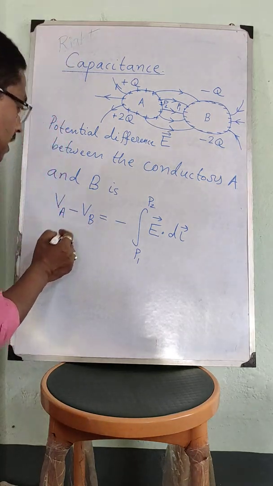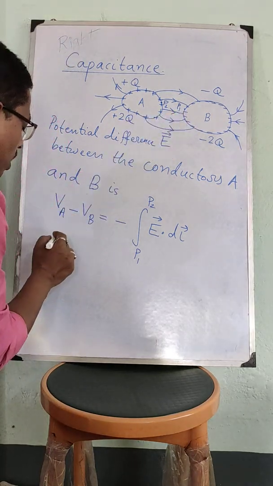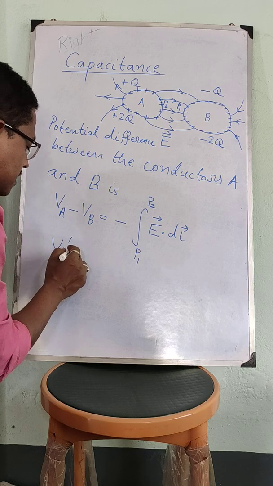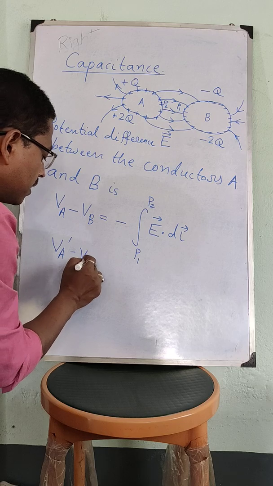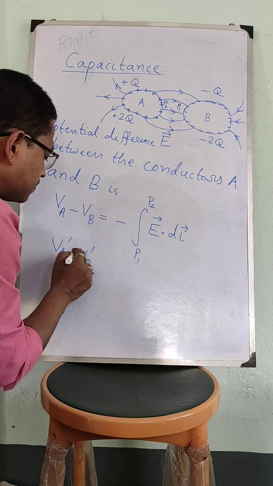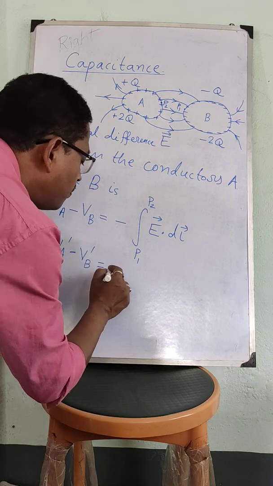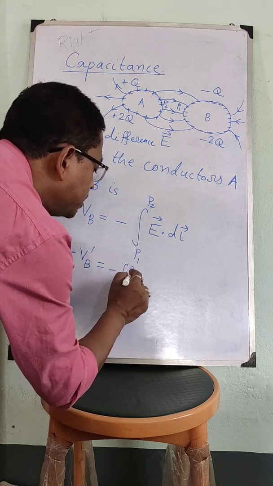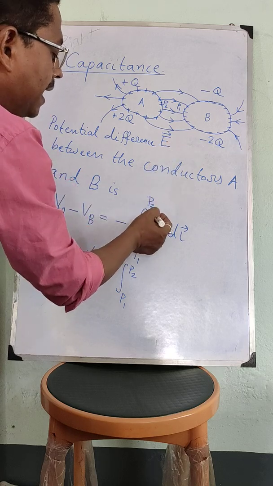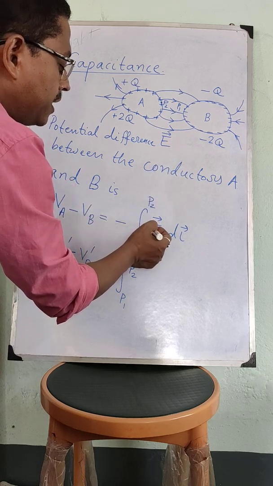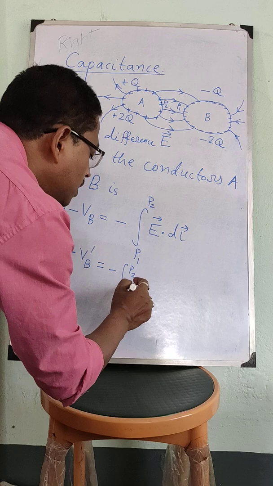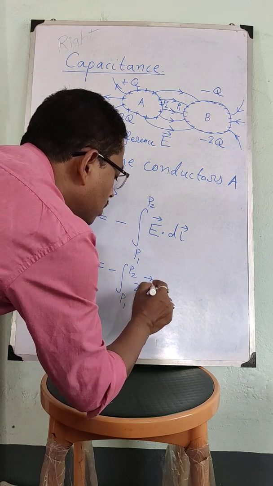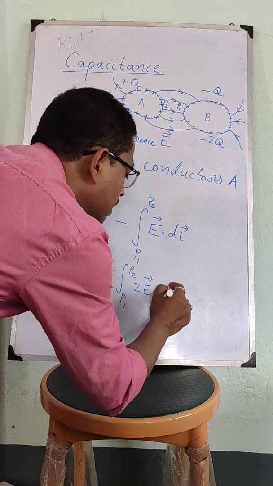So in that case, the potential difference between the two conductors is VA dash minus VB dash, that is equal to minus integration P1 to P2. See, the magnitude of the electric field has been doubled and the direction remains the same. So in this case I will have 2E dot dl.